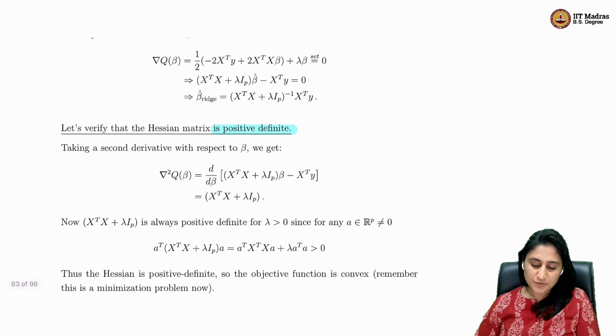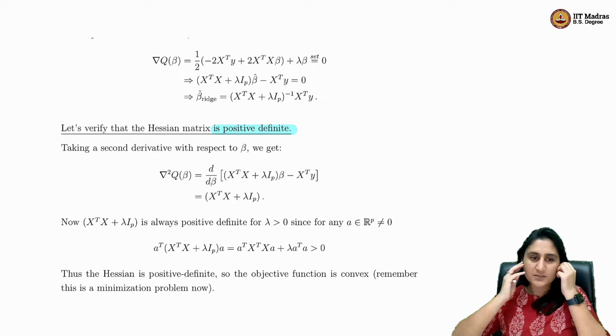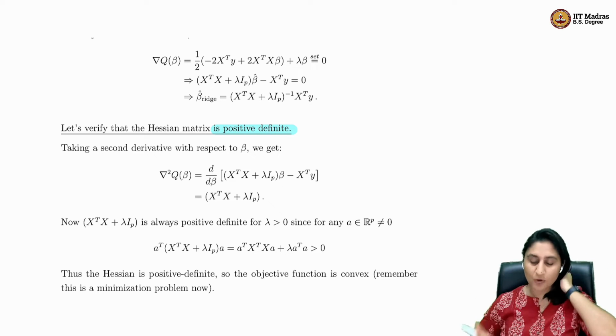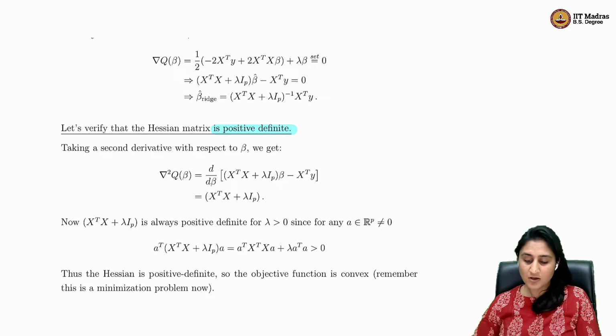Now, I need to show that this actually is positive definite, so that I know that it's a convex optimization problem. Now, x transpose x plus lambda IP is always positive definite, as long as lambda is positive.